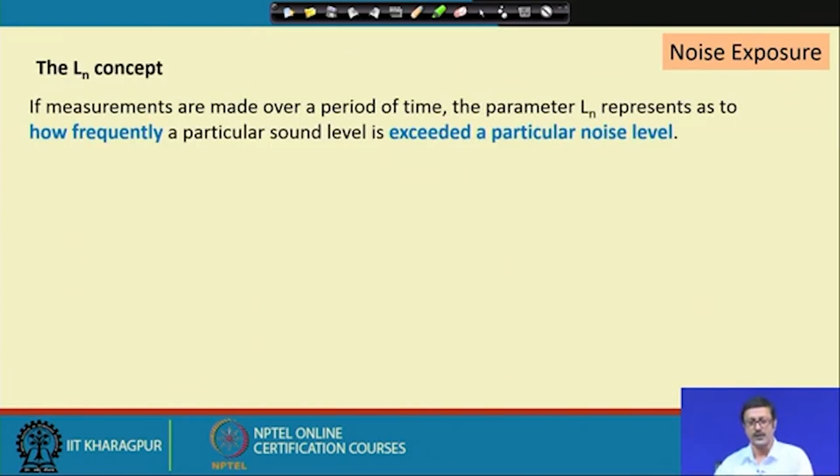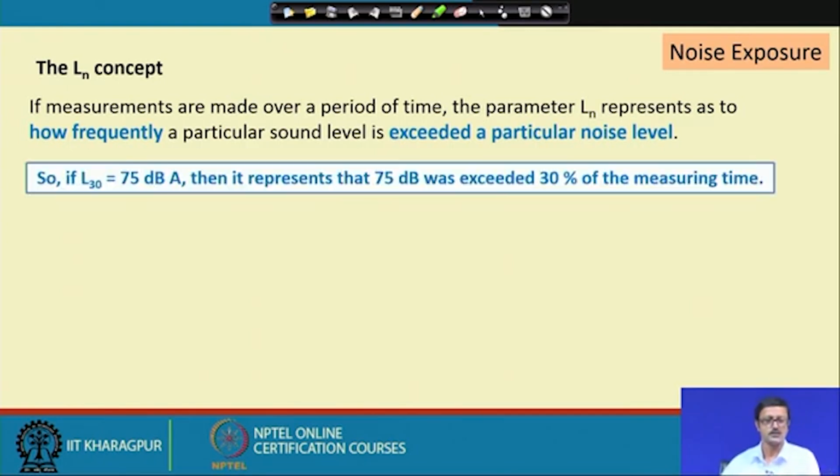Then there is another way people have looked at it, called the LN concept. The LN is the levels, and this is how much noise is above a particular level. So, suppose I say L30 is 75 dBA, on the A weighted scale, that means L30 equal to 75 dBA represents that for 30% of the measurement time the noise exceeded 75 dB.